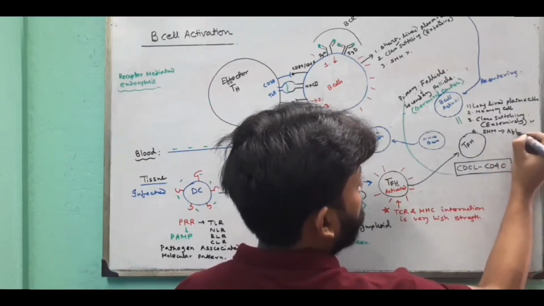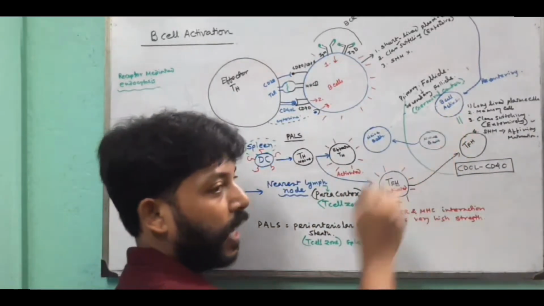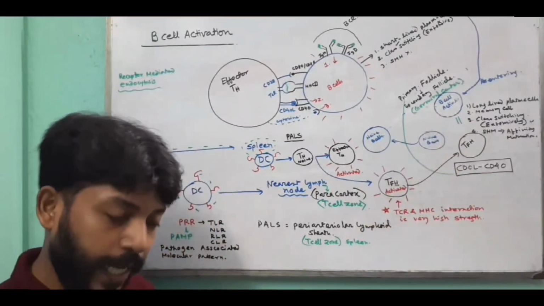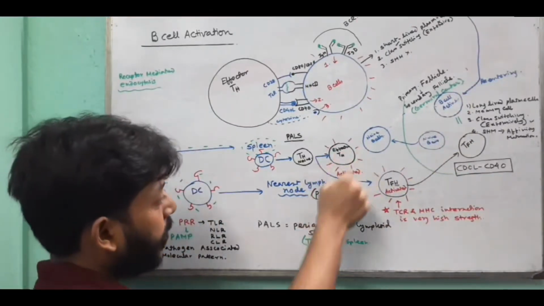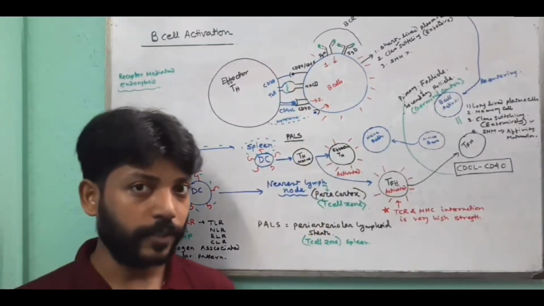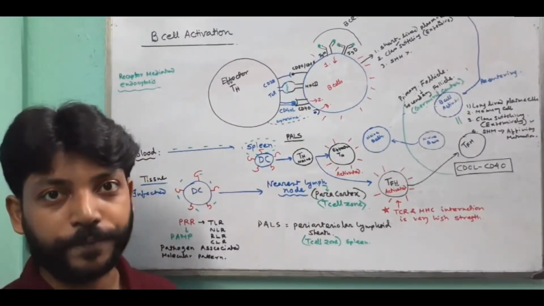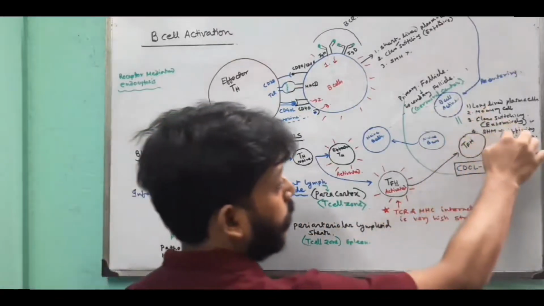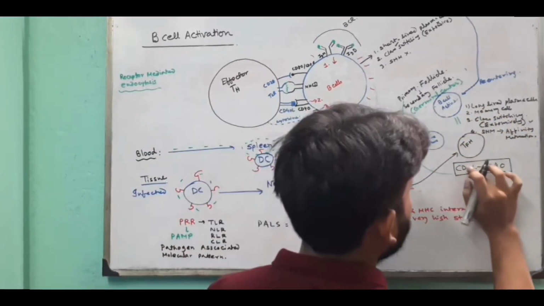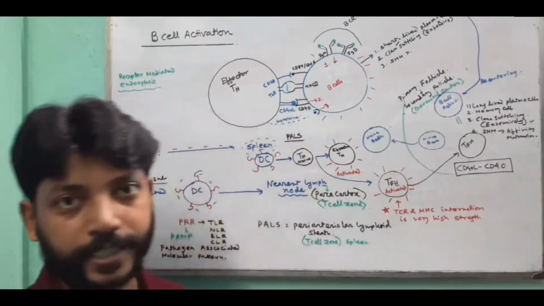Affinity maturation is the ultimate result. That means these B cells now produce antibody that can recognize the same antigen with high affinity. At first it was not so high affinity, but now it can produce high affinity antibody. All these things occur due to the CD40 ligand and CD40 interaction.